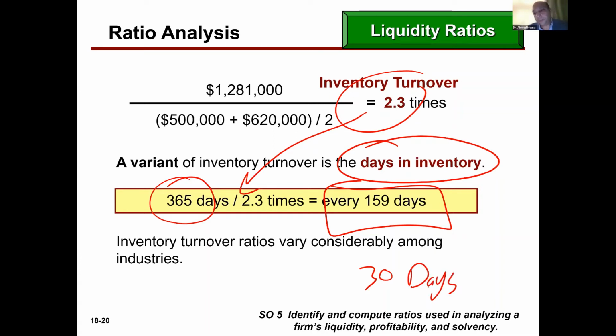Every year the inventory is 30 days. But this year you have 55 days. So you have longer than the average days in inventory. What does this mean?